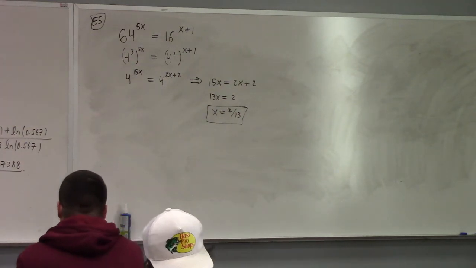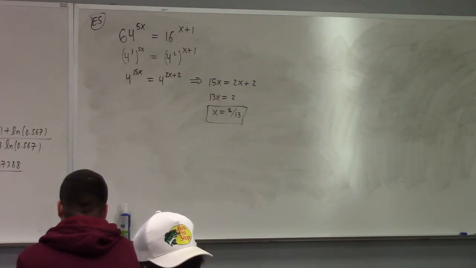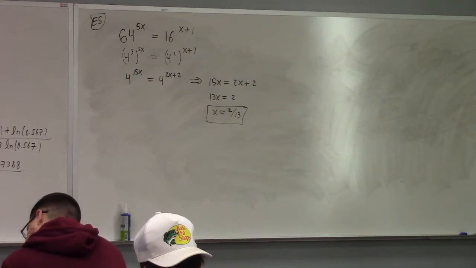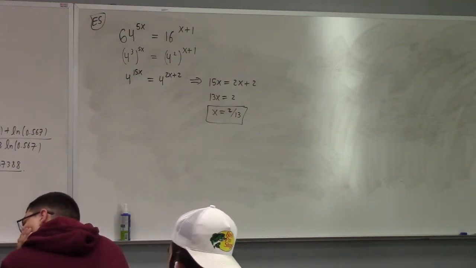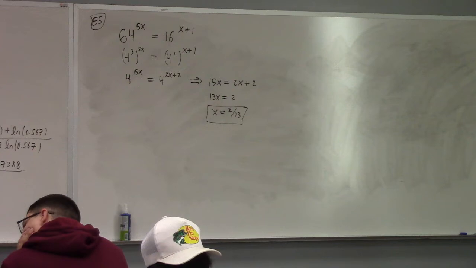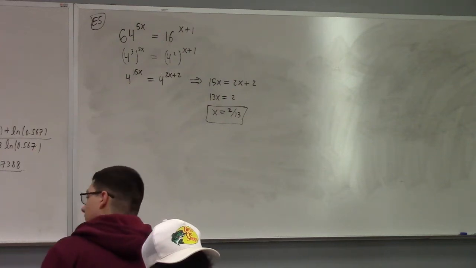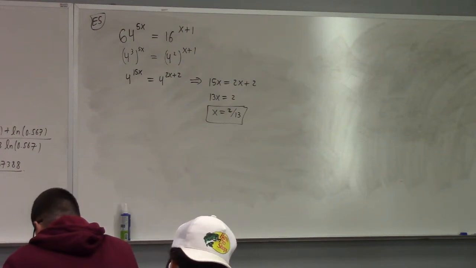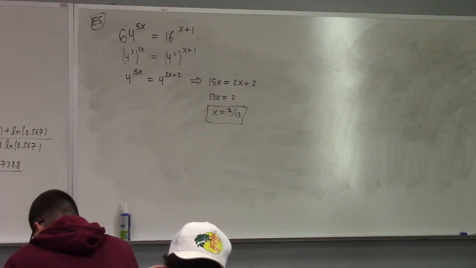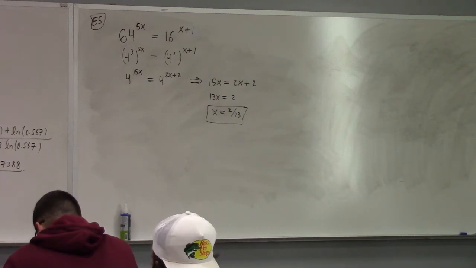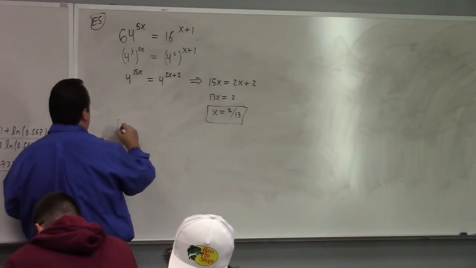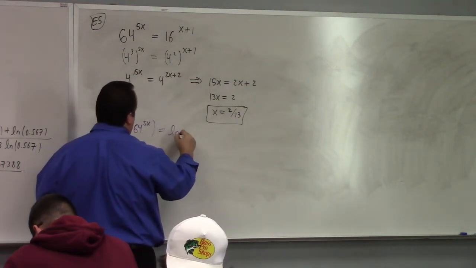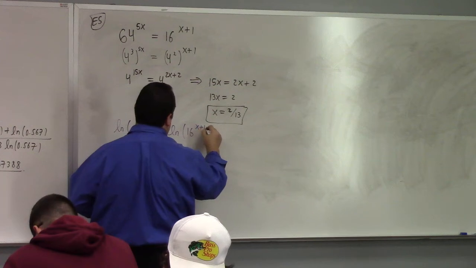Yup. So these are kind of all the same problem, in a sense. You can just take the natural log of both sides and then deal with logs of 64 and 16, and you'd still get that same answer, if you weren't trying to be clever about it. I just take natural log of 64 to the 5x equals natural log of 16 to the x plus 1.